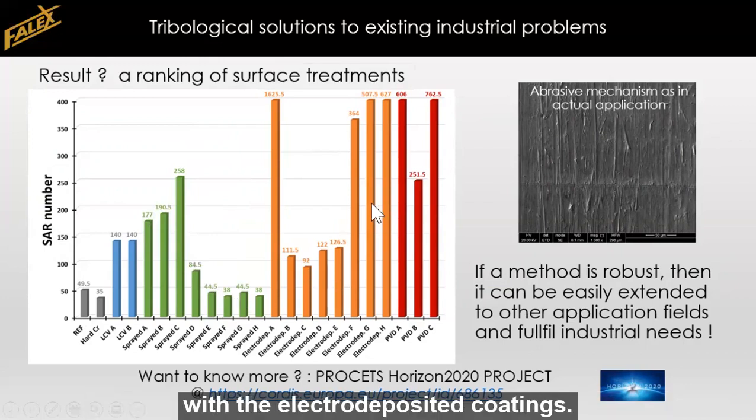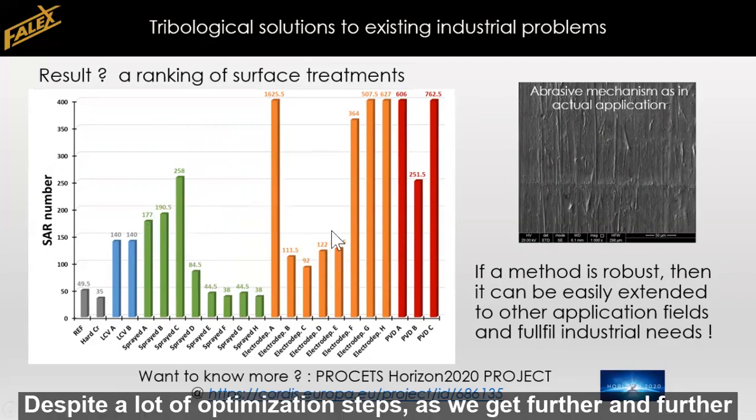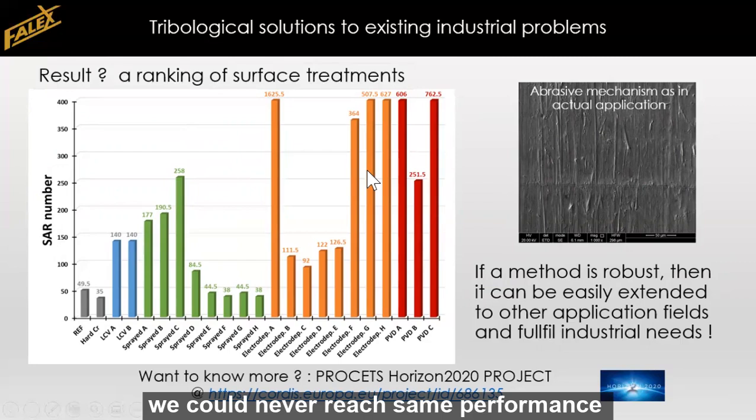This was not the case, however, with the electrodeposited coatings. Despite a lot of optimization steps, the coatings actually didn't get better, and we could never reach the same performance with electrodeposited coatings as we could with thermal spray coatings.